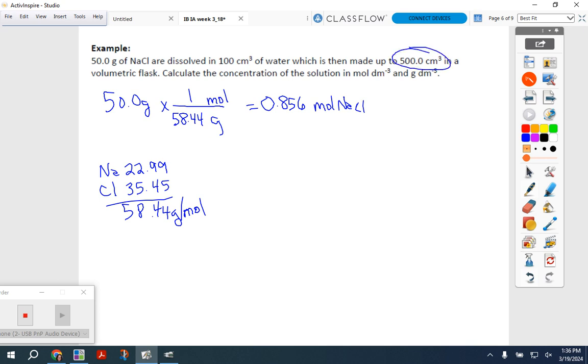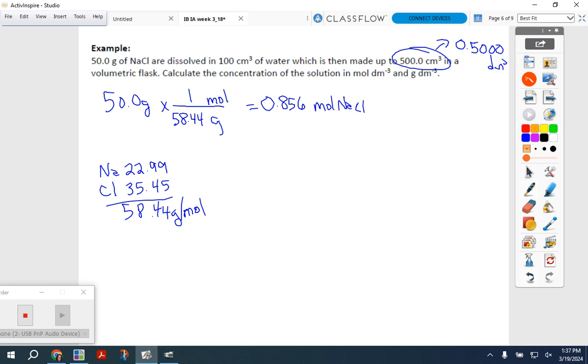The 100 is just what you're mixing, what you're dissolving the salt in to start with. 500 is your final volume. It's being made up to 500 in that volumetric flask. So we've got to convert that to decimeters cubed. So we're going to divide by 1,000. We're going to end up with 0.5000 decimeters cubed.